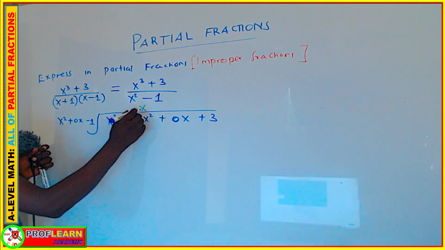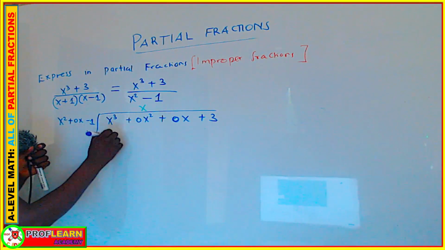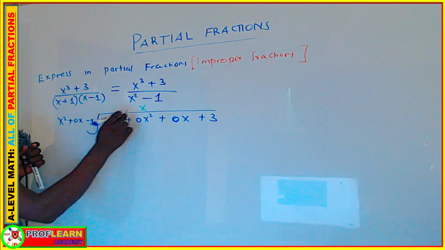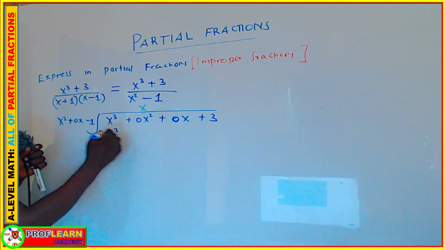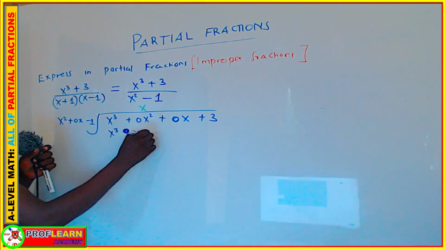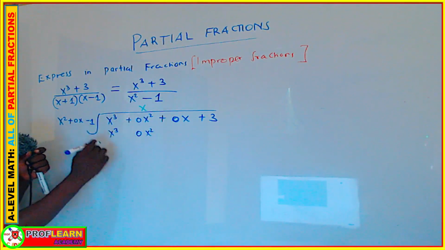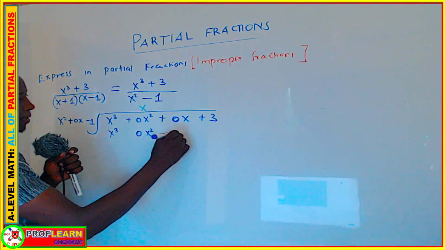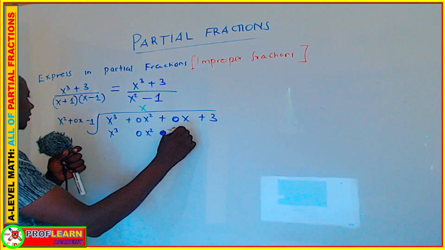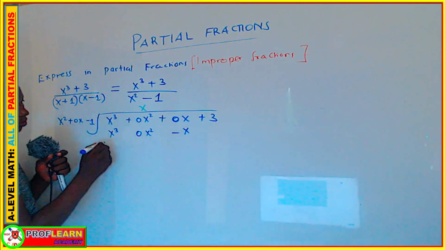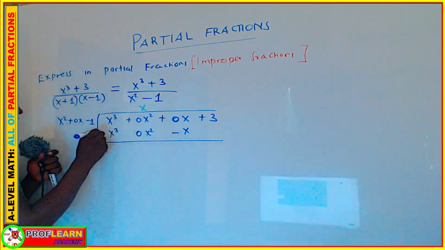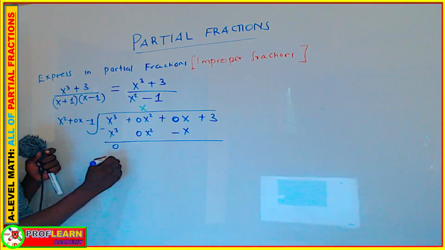So now x times x squared is going to be x cubed. x times 0x is going to be 0x squared. x times minus 1 is going to be minus x. So we are going to subtract this. Subtracting this will run to 0.